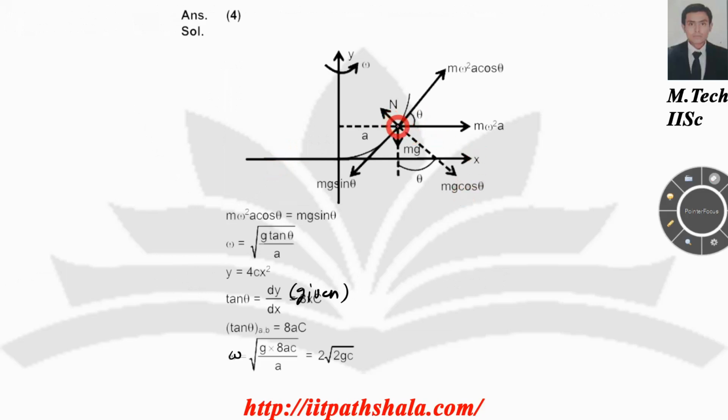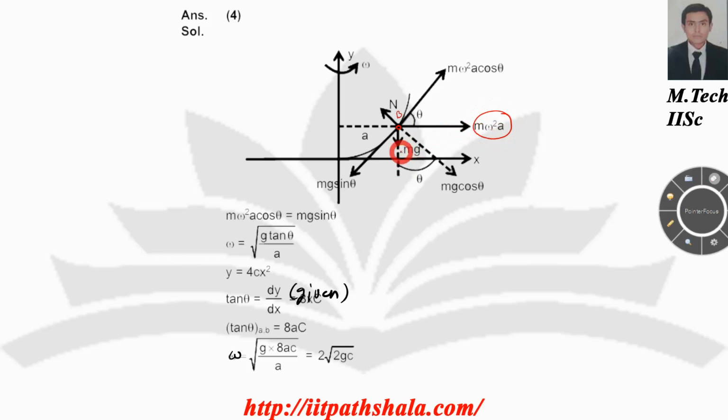For the bead, a normal contact reaction will be acting perpendicular to the tangent at this point, let us say point B, where the bead is placed. mg is acting in the downward direction, and a pseudo force m omega square a is acting over here.